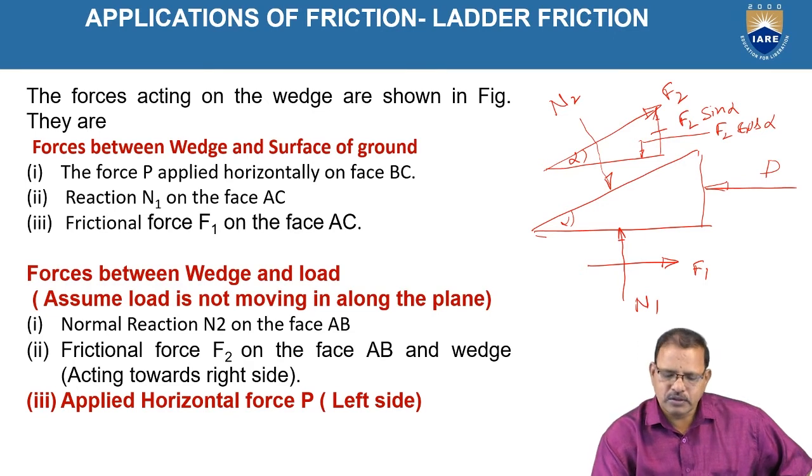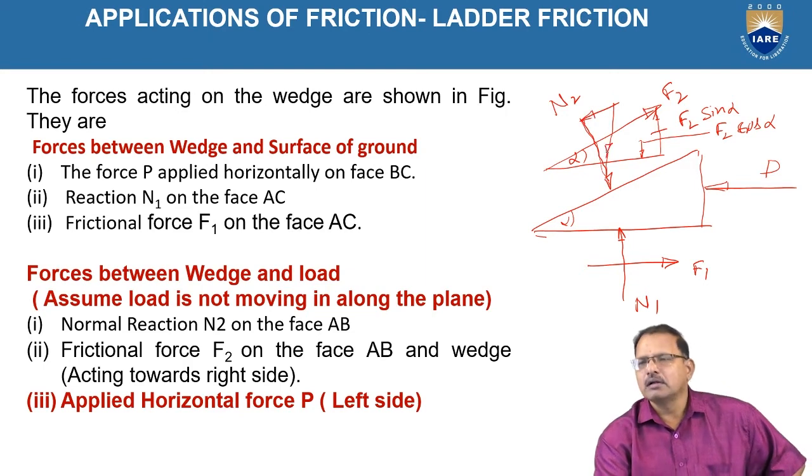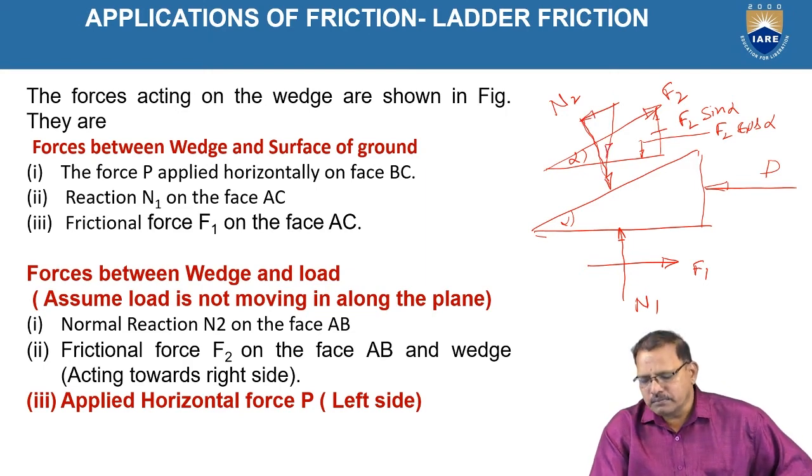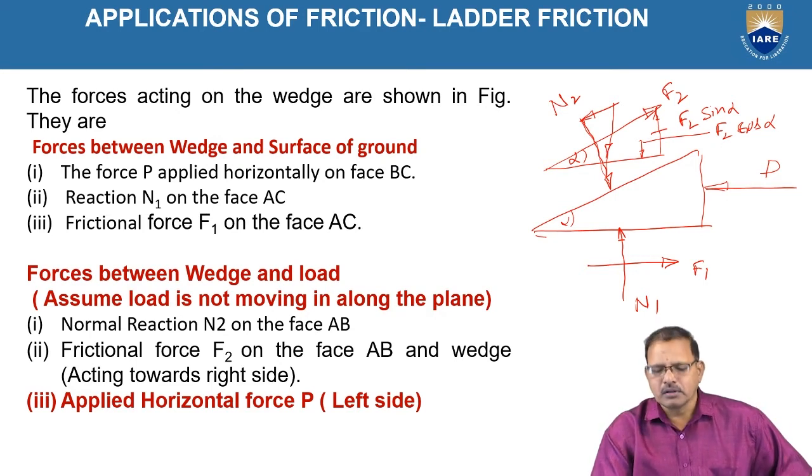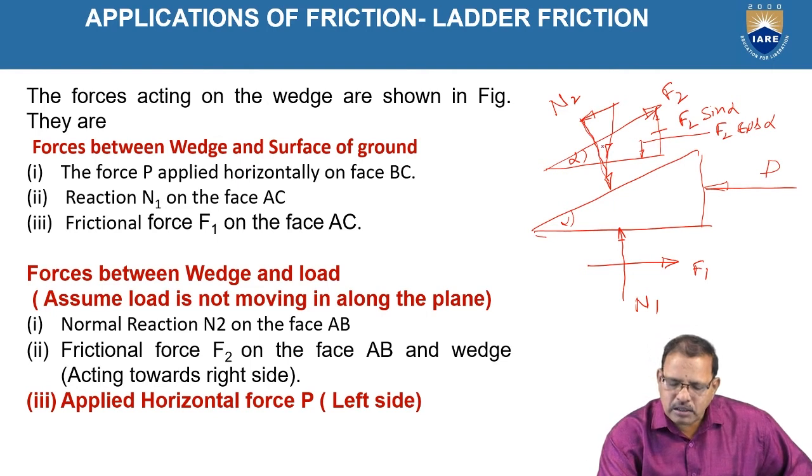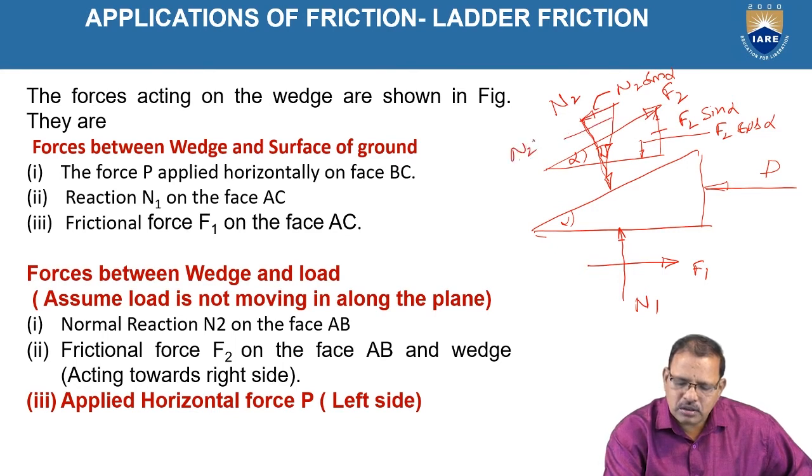Similarly, the normal reaction is also resolved into two components, perpendicular to the ground and parallel to the ground. This inclination again becomes alpha. So this is N2 sin alpha, and this component becomes N2 cos alpha.